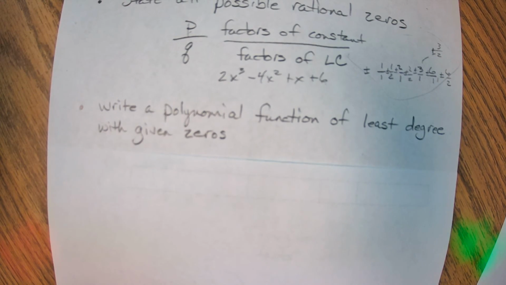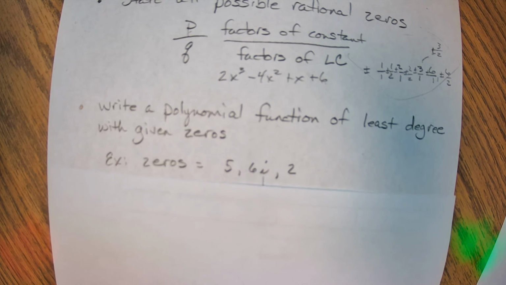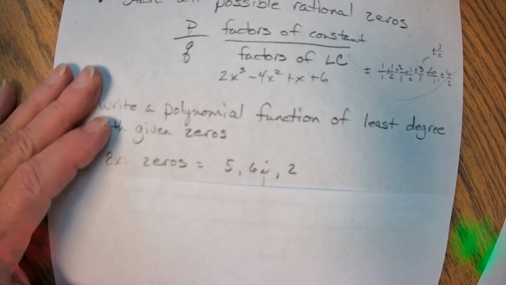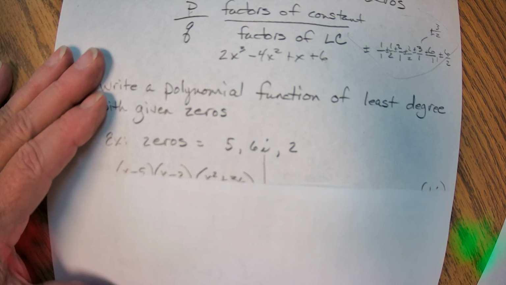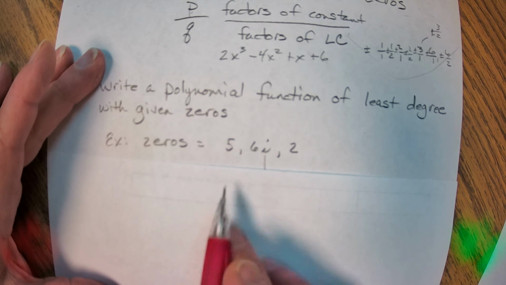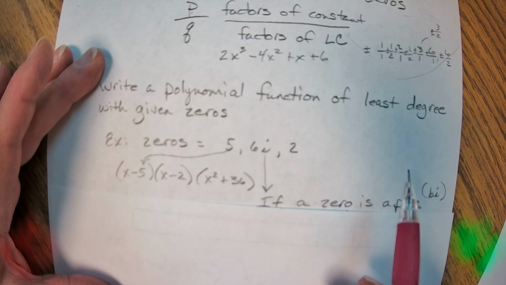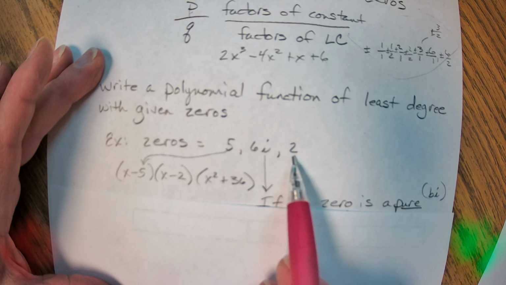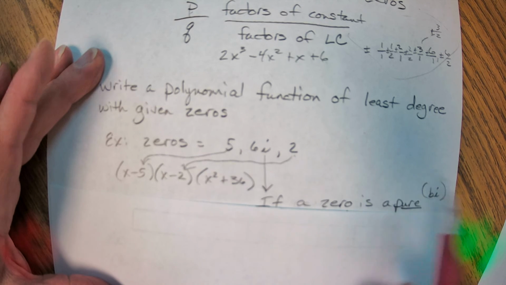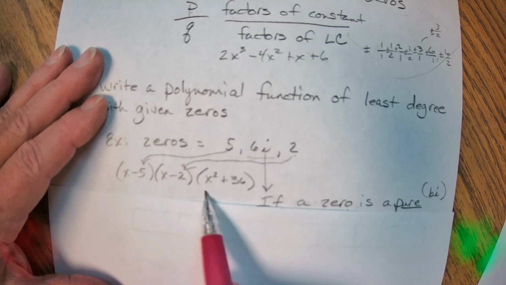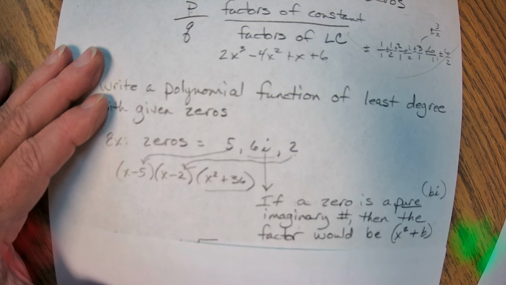I think there's 2 problems where you have to write a polynomial function of least degree with given zeros. For instance, let's look at this one. Our zeros are 5, 6i, and 2. So remember that if this is a 0, then x minus 5 is the factor. If this is a 0, then x minus 2 is a factor. If this is a 0, then this is the factor.